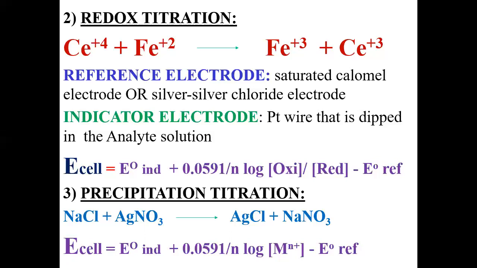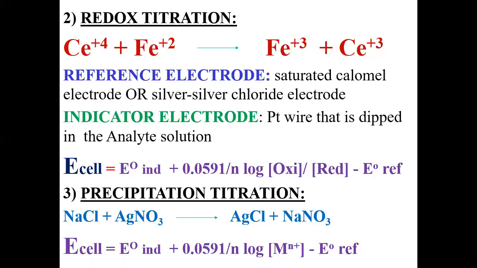What is the formula of silver nitrate? AgNO3. From the burette the AgNO3 solution, and this will lead to the formation of AgCl, silver chloride, and it gives a white precipitate.